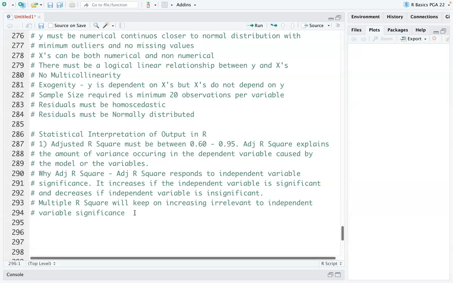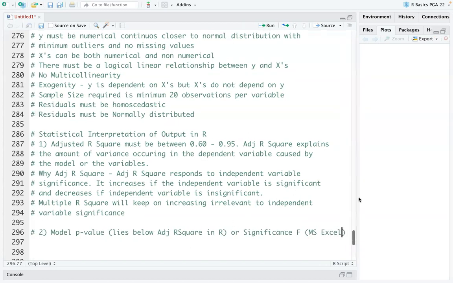All right. The second thing which you need to look for is the model p-value which lies below adjusted R square in R, or significance F in MS Excel.